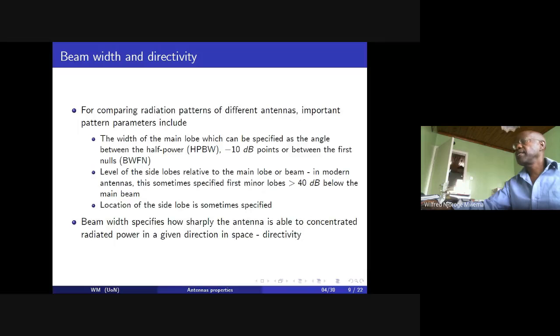If you want to actually see the details of that particular object, there's a point in the eye at the retina called the fovea, and the fovea is a small spot, and you want that light to be focused on that small sensitive part for you to see the details more sharply. Okay, and therefore all we are saying is that the antenna may not be able to sharply send the power in the given direction, and it will be broad, so to speak. And this will usually be specified by the antenna directivity.